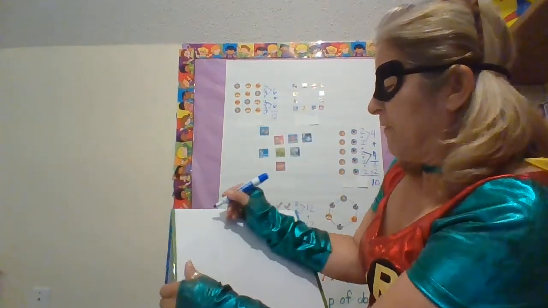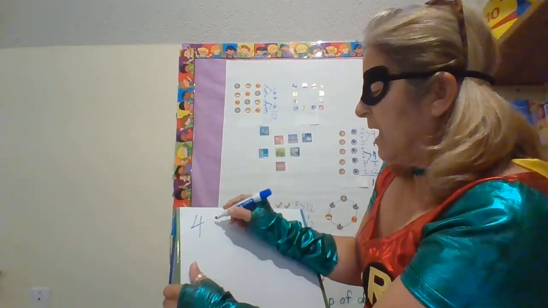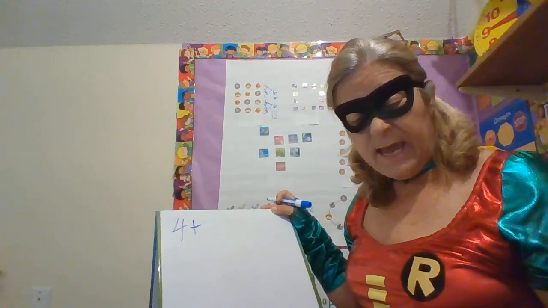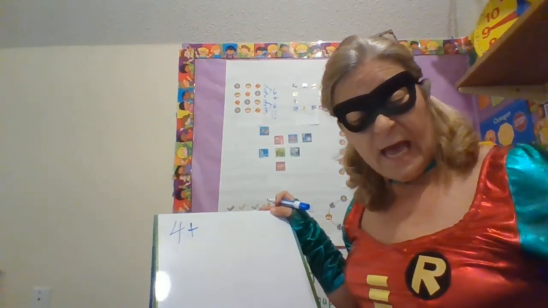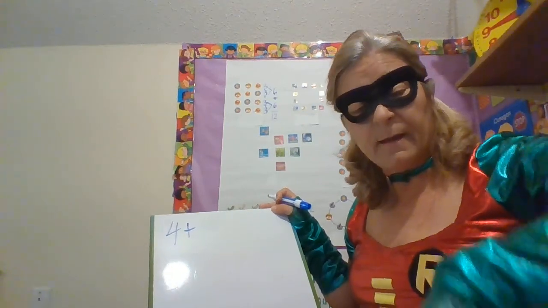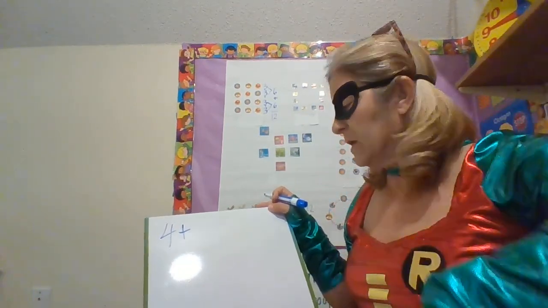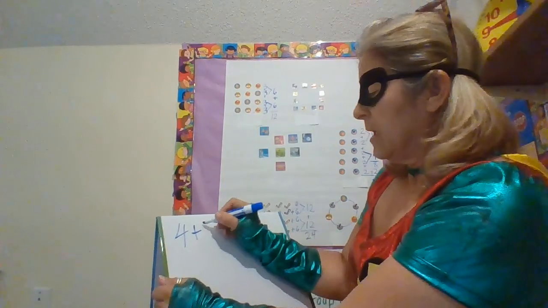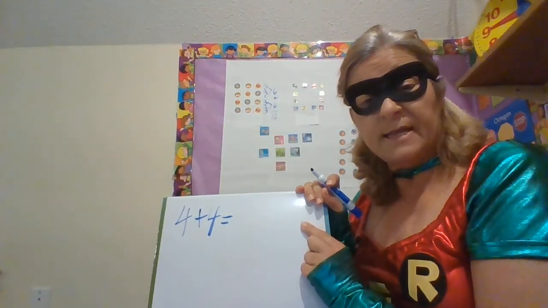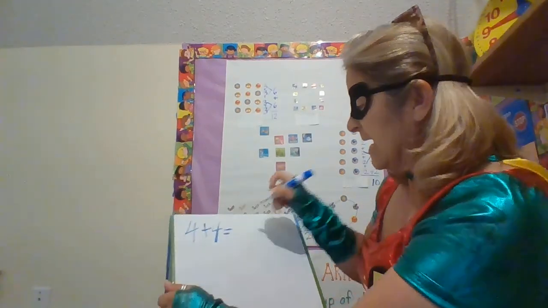So we'll have 4 plus, how many's in the second row? Again, I need one more set of hands for this. 4 more. So it's 4 plus 4. And so we know repeated addition, 4 plus 4 is, that's right, 8.